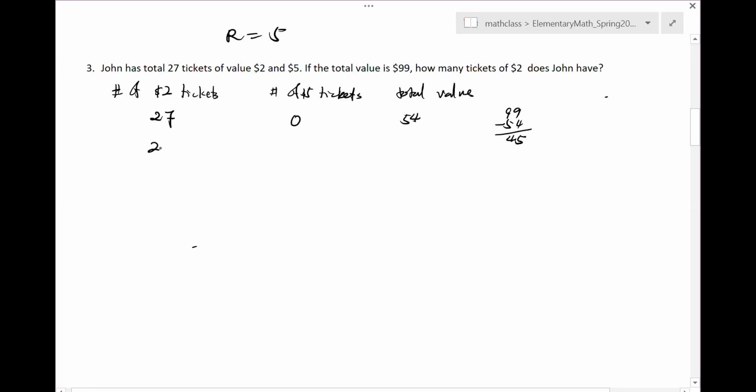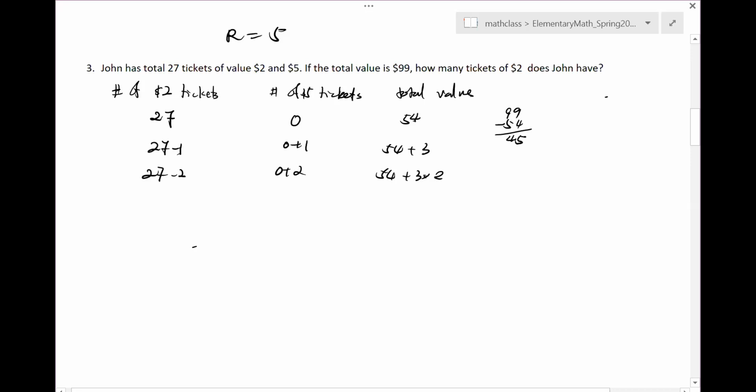So every time you decrease the number of $2 tickets, the net change will be you lose $2 and gain $5. So the net change will be $3. So 54 plus 3. Similarly, 27 minus 2, 0 plus 2, and 54 plus 3 times 2. Okay.